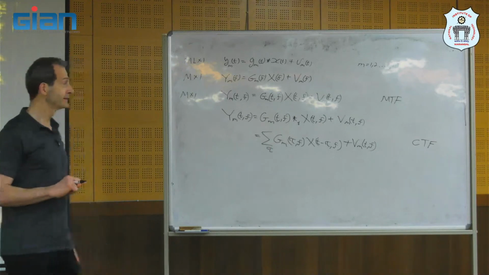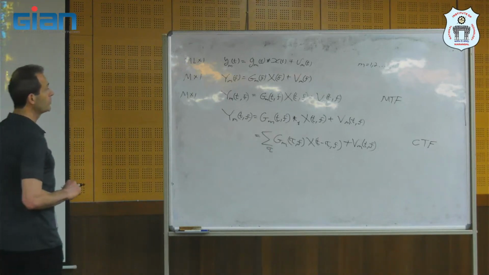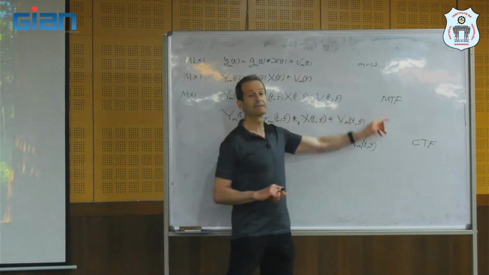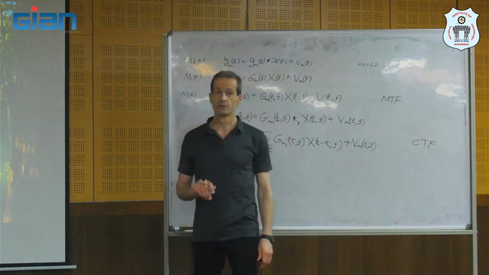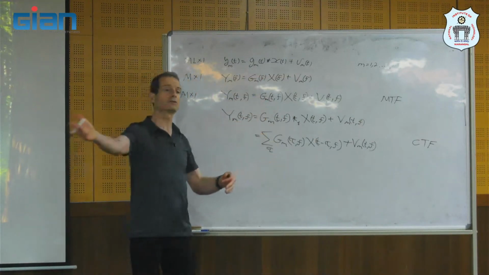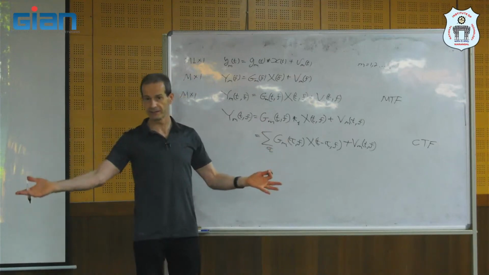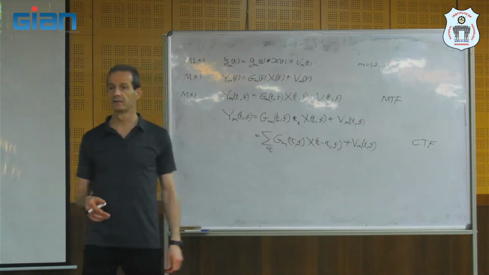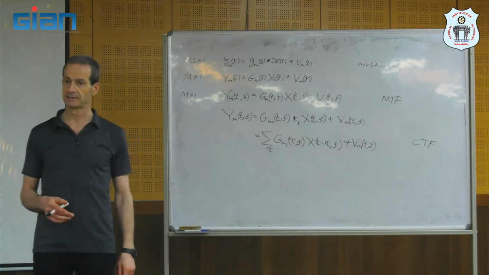Okay? Now, if the MTF approximation is not good, when the impulse response is much longer, with reverberation in a room like this, the reverberation can be a few hundred milliseconds.